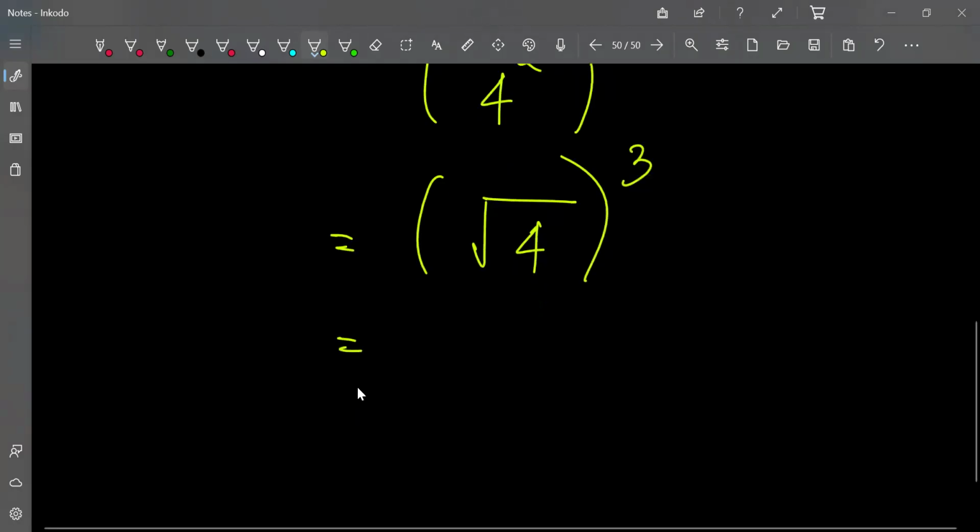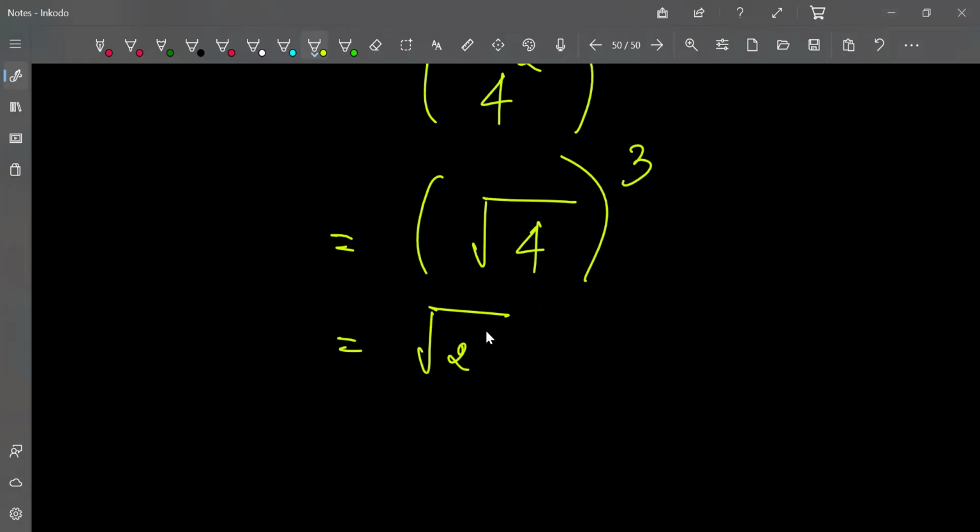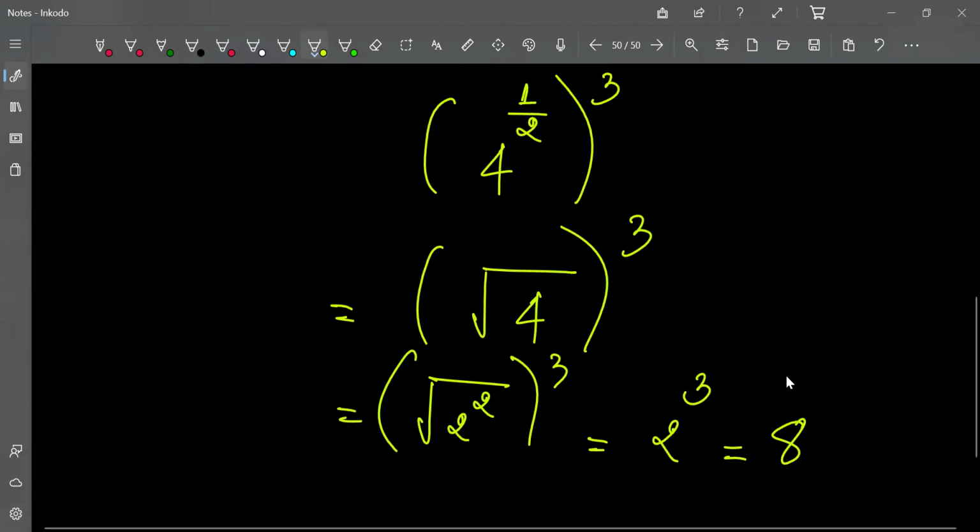You know the square root of 4, we can write it as the square root of 2 square, all power 3. The square root of 2 square is 2. So now we get 2 power 3. And the final result is 8. Yes, this is the easiest way that you can solve this exercise.